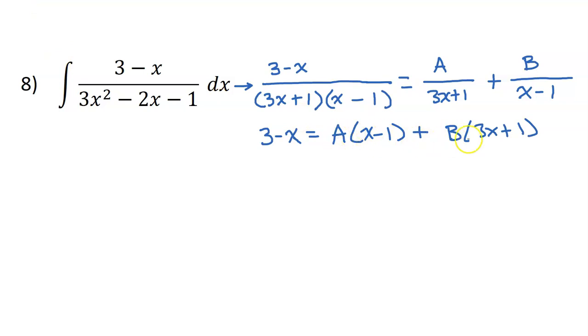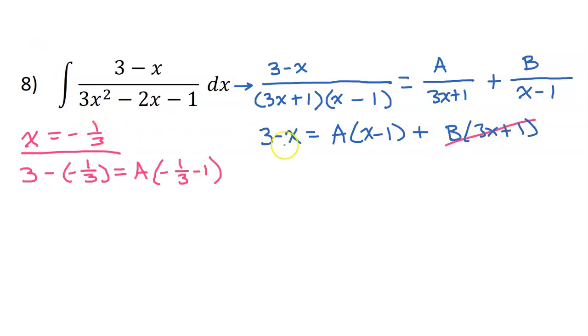We can solve for a and b by plugging in values of x that will cancel out one term at a time. If we set 3x plus 1 equal to 0 and solve, we get -1/3. So if we let x equal -1/3, this term will go to 0.